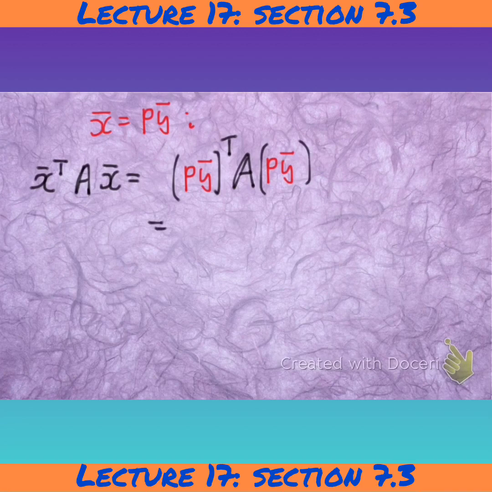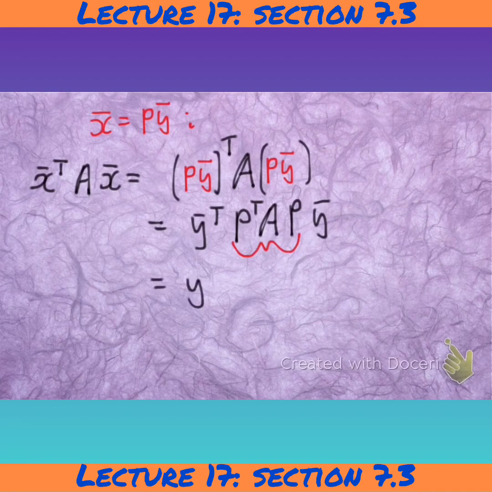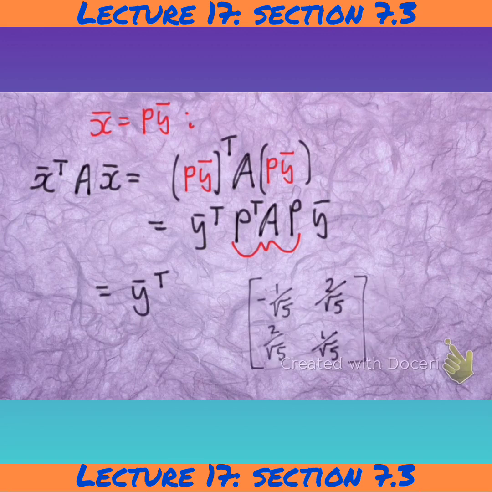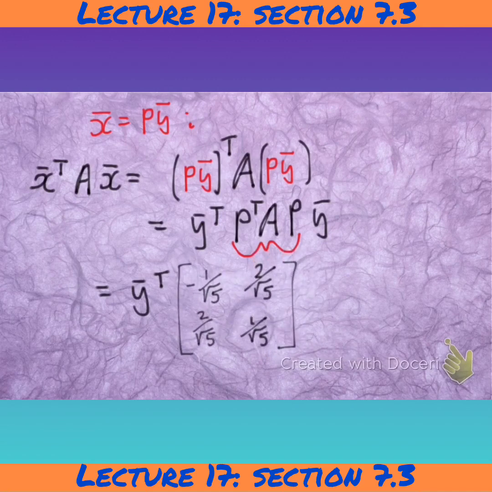And then that's going to become Y transpose, P transpose, A, P, Y. And what's going to happen to this matrix here? That we know is going to be diagonalized. So that's going to be Y transpose, and that is going to be the diagonal matrix.